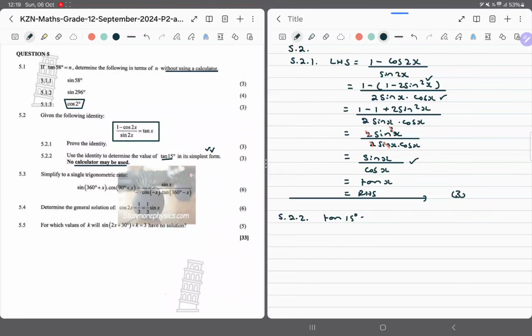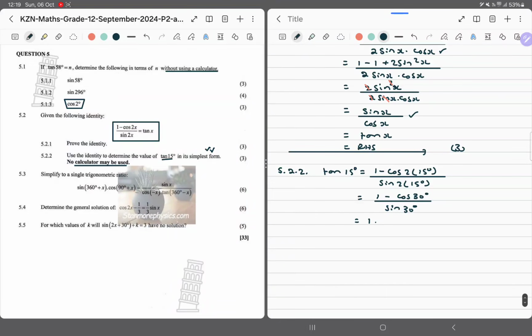Tan 15 degrees is going to be, according to the identity, 1 minus cos 2 times that angle, all over sine of 2 times that same angle, 15 degrees. So this is 1 minus cos of 30 degrees divided by sine of 30 degrees. Now these are special angles, so this is 1 minus cos 30 is root 3 over 2.